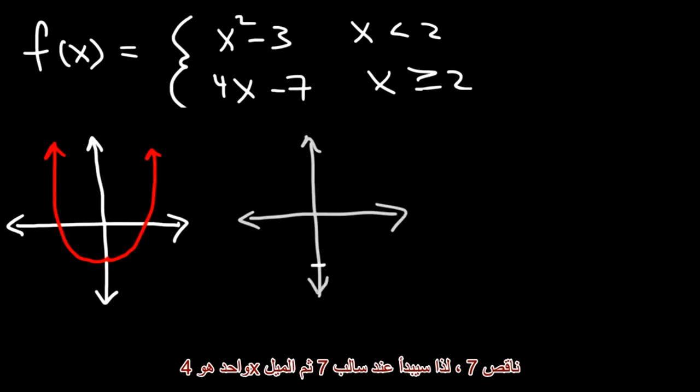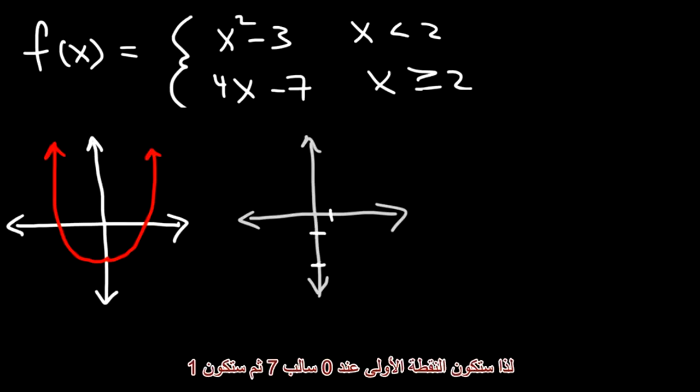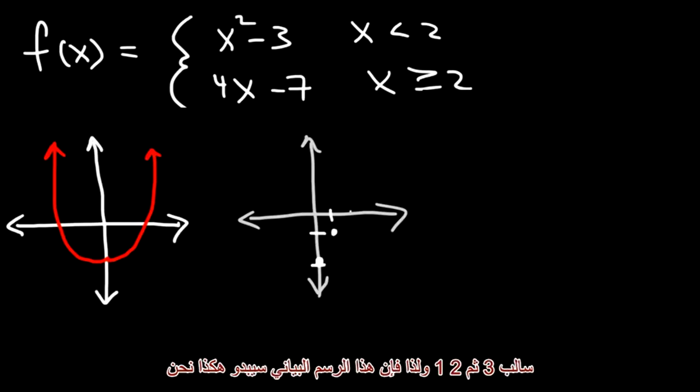So it's going to start at negative 7, and then the slope is 4. So as we travel 1 to the right, it's going to go up 4. So the first point is going to be at 0, negative 7, and then it's going to be 1, negative 3, and then 2, 1. And so this graph is going to look like this.